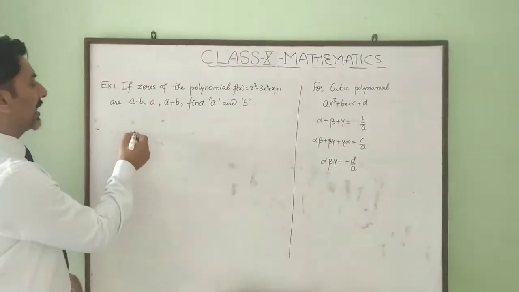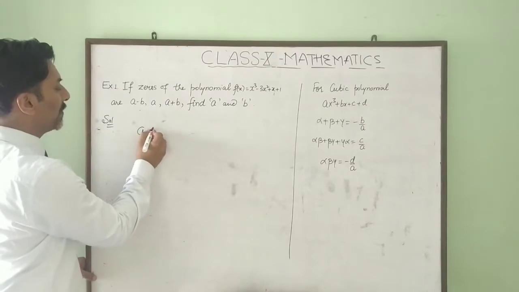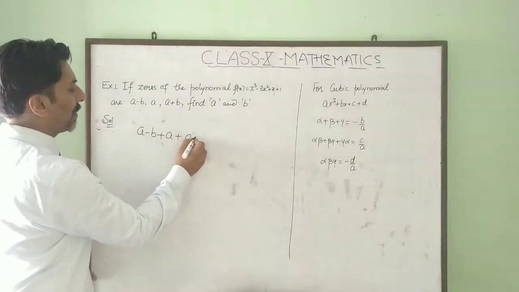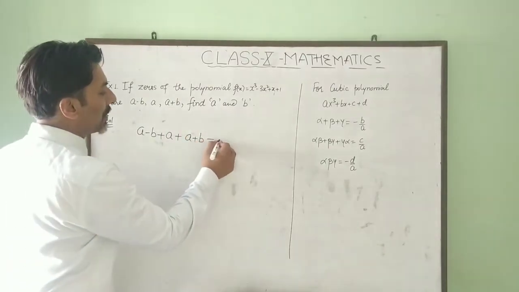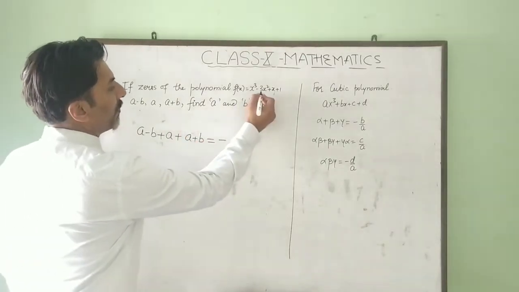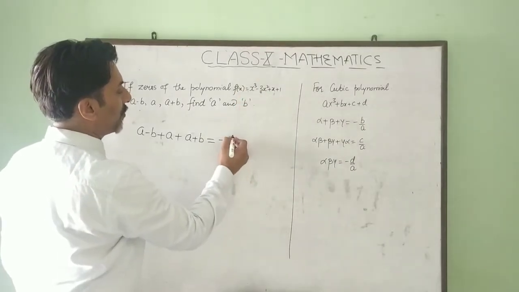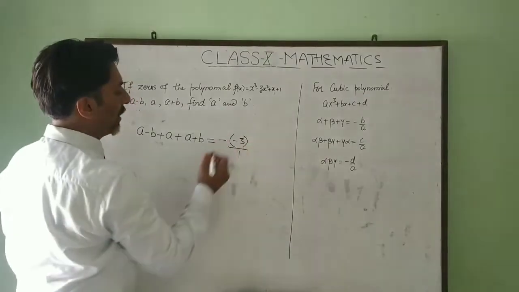So here in this case, the sum of zeros means a minus b plus a plus a plus b. This is the sum of all three zeros, and it equals the negative coefficient of x square upon the coefficient of x cube. So negative of negative 3 upon 1.